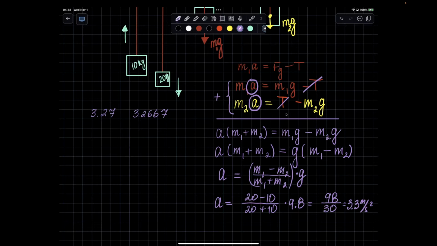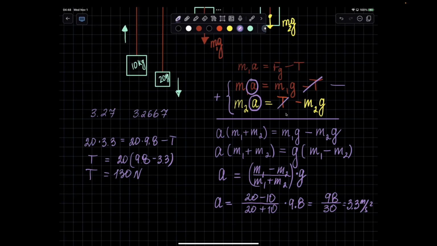If I choose the top one, then I'm going to have 20 times 3.3 equals 20 times 9.8 minus tension, from where tension is going to be 20 times (9.8 minus 3.3), 130 newtons.